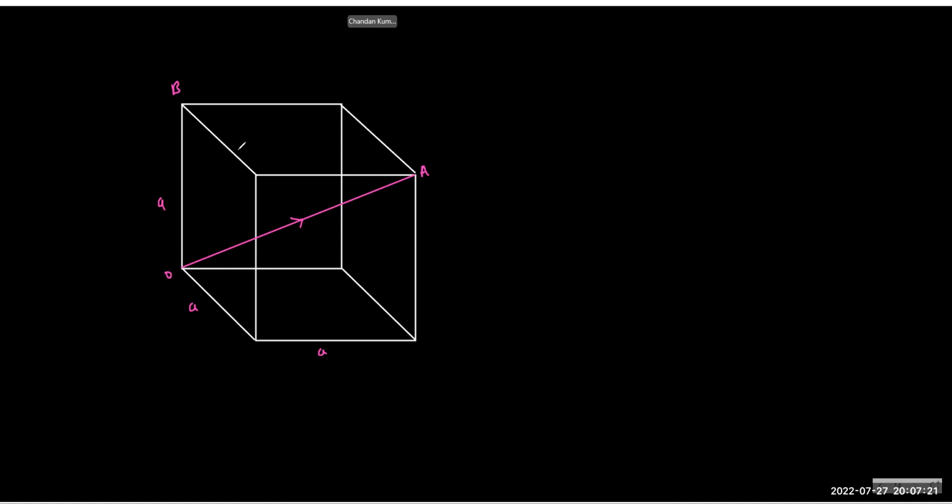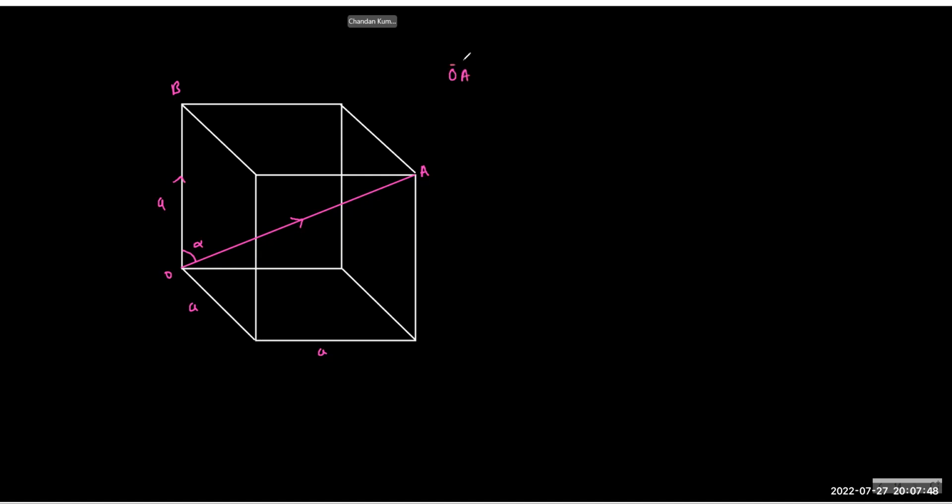But what is interesting is that if I want to know the angle between these two vectors, I can make use of the dot product also. So the dot product gives what? What is the meaning of dot product of OA and OB?